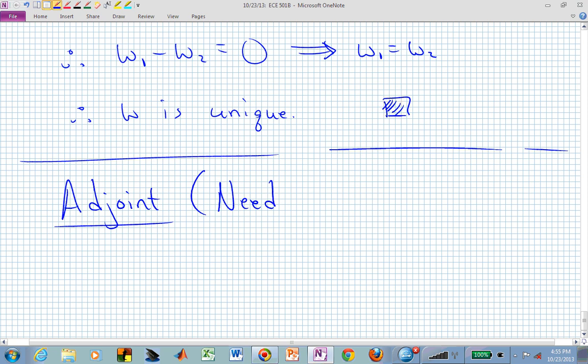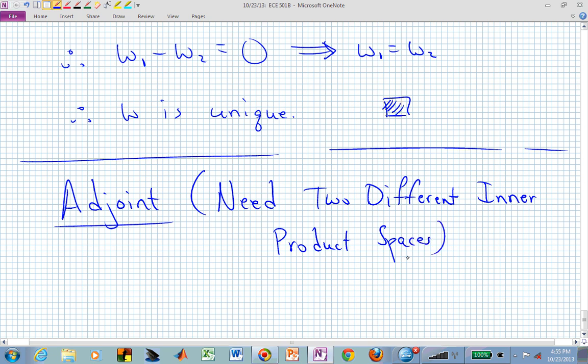And that's what we need. So to play with the adjoint now, we need two different inner product spaces.